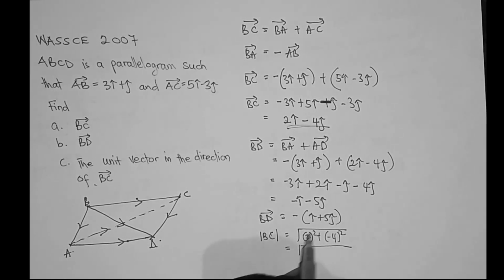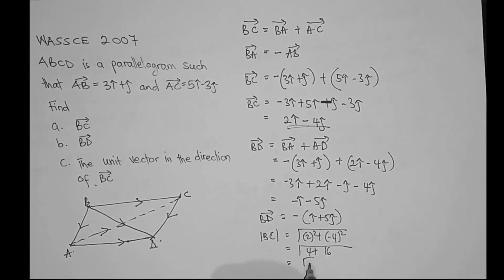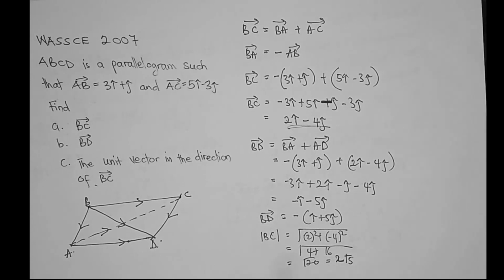This is equal to the square root of 4 plus 16, which is the square root of 20. So this is equal to root 20, and root 20 is the same as 2 root 5.